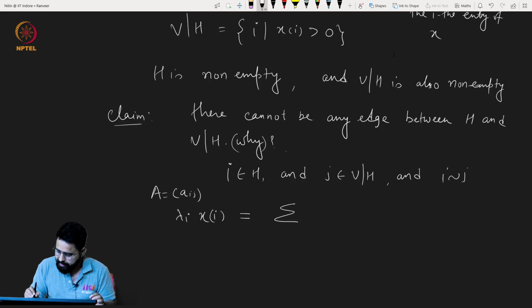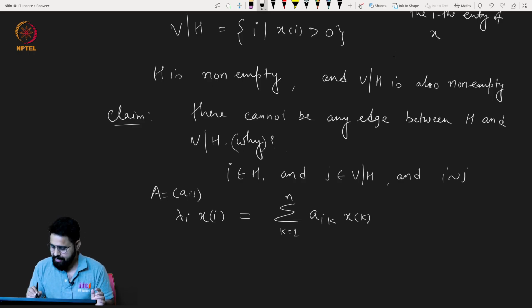So it tells that the sum of Aik xk, where k equals 1 to n. This is just a matrix product, right? The ith row of A gives Ai1, Ai2, Ai3 and so on, and you multiply the corresponding entries in x. But among those xk, there is also xj, because j has an edge.